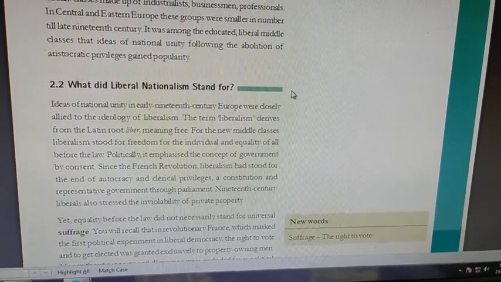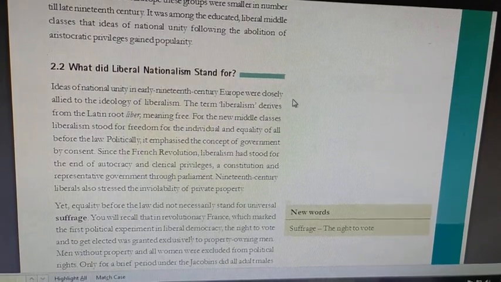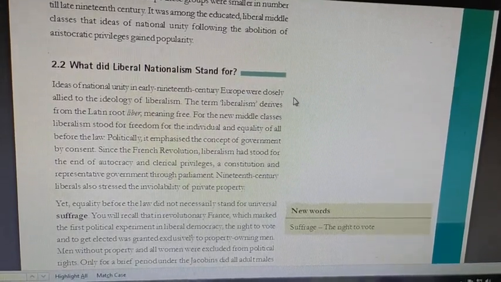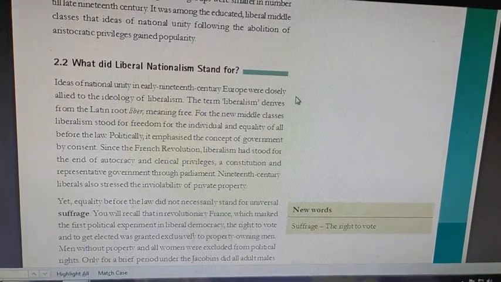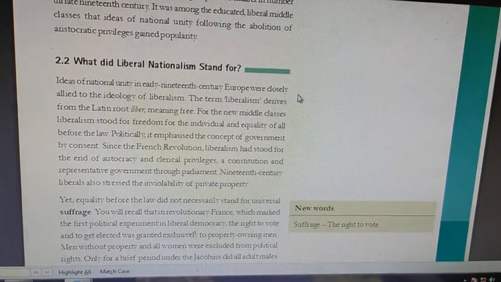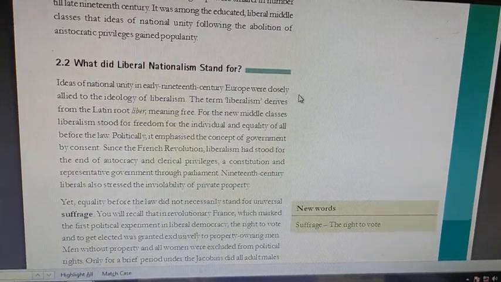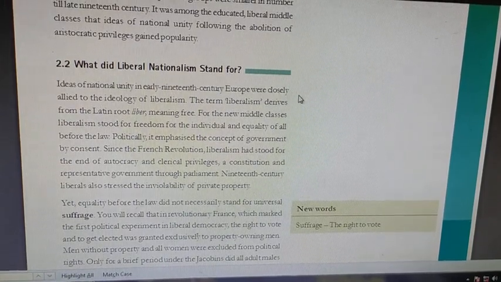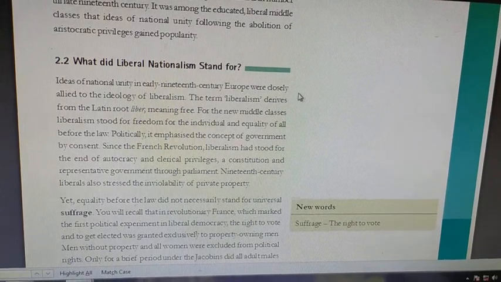The term liberalism derives from the Latin root liber, meaning free. For the new middle classes, liberalism stood for freedom for the individual and equality of all before the law. Since the French Revolution, liberalism had stood for the end of autocracy and clerical privilege, a constitution and representative government through parliament.